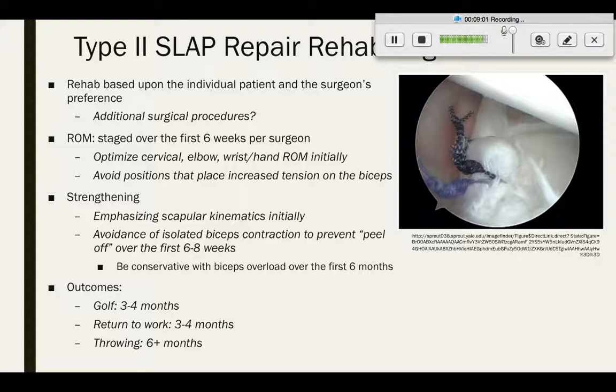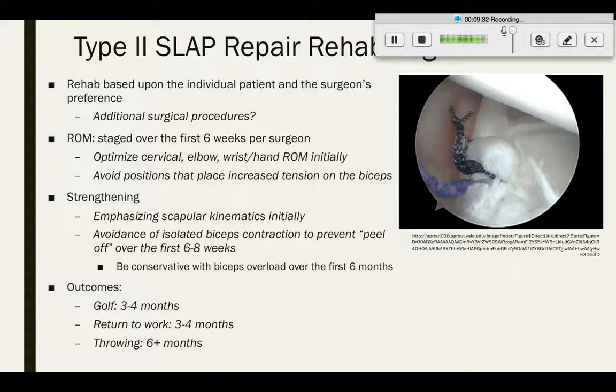The biggest thing is we want to avoid positions that are going to place increased tension, both passively and then actively, on the biceps. So when we think about range of motion, we have passive range of motion, we've got active assistive, and we've got active range of motion. Typically, we're going to start with our passive mobility and work our way up through those, depending on when the surgeon wants us to start to initiate some sort of contractile muscle activity at the joint.